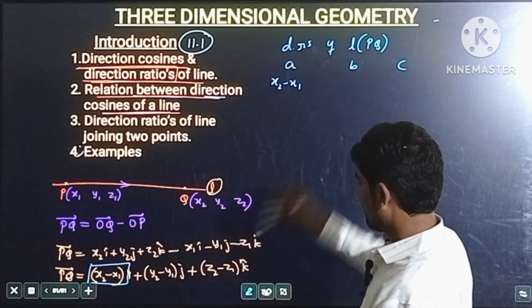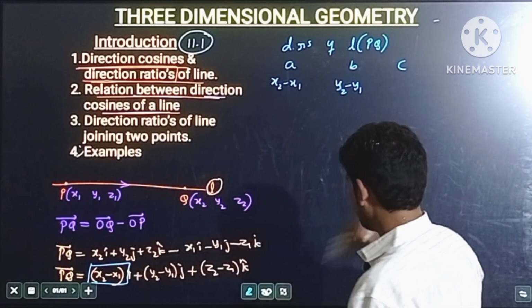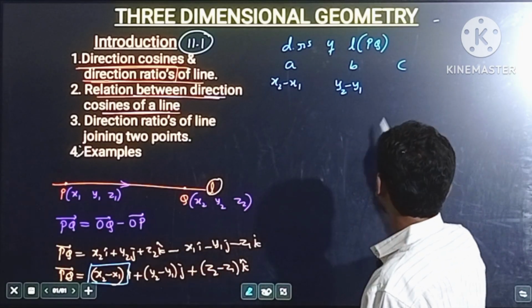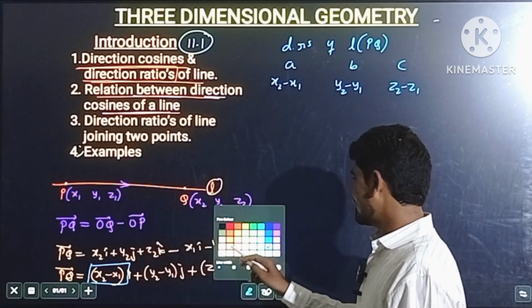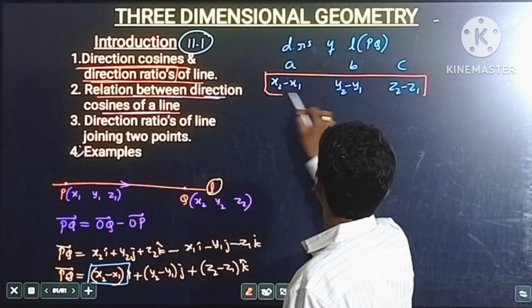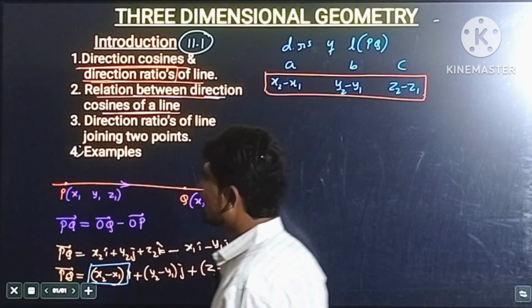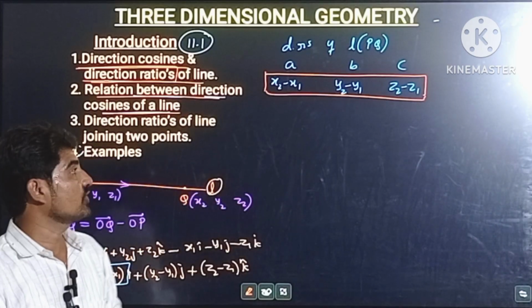B is the coefficient of j, that is y2 minus y1. And C is the coefficient of k, that is z2 minus z1. So x2 minus x1, y2 minus y1 and z2 minus z1 are the direction ratios of a line joining 2 points. I hope all of you understood.